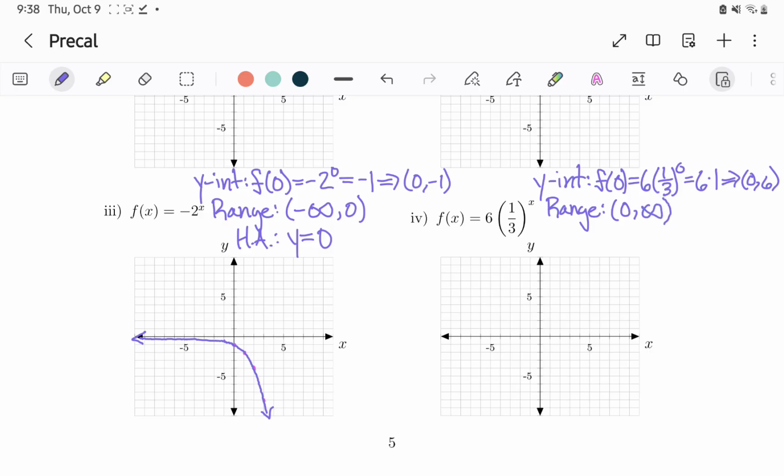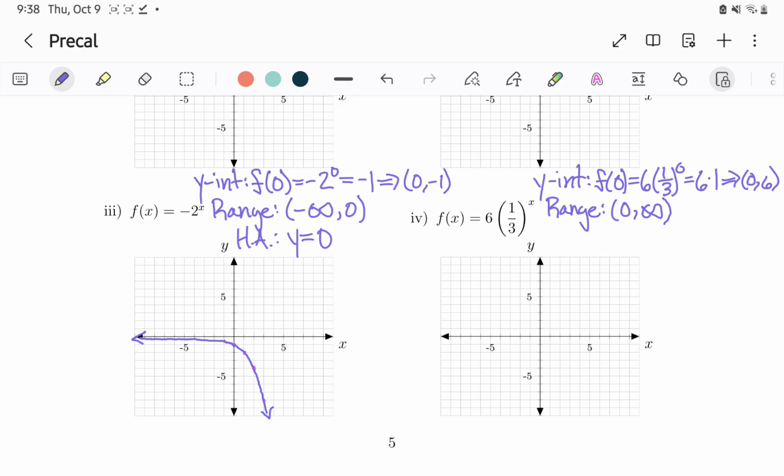And yeah, again, kind of like what we've said about the horizontal asymptotes, when it comes to the range of our exponential functions, if we just consider the parent function f of x equals b to the x, where b is greater than 0, the range is always going to be from 0 to infinity.